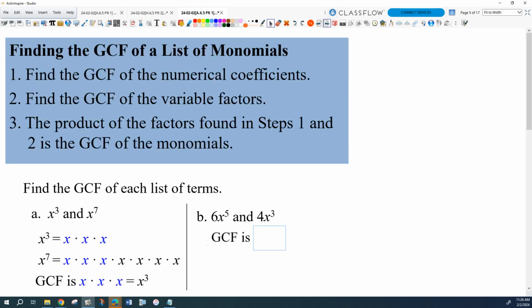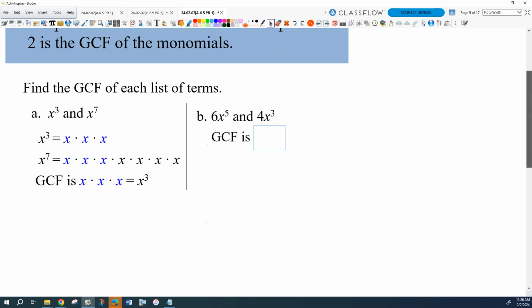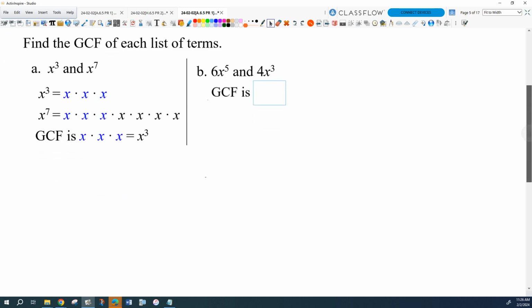So now let's look at finding the greatest common factor from a bunch of monomials. These could include numbers and variables. Let's focus on the variables first. Let's take this first example where there aren't even any numbers. What's the GCF of x cubed and x to the 7th? Well, x cubed is just x times x times x. X to the 7th is a string of 7 x's multiplied together.